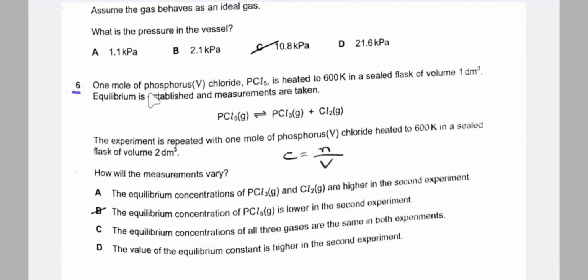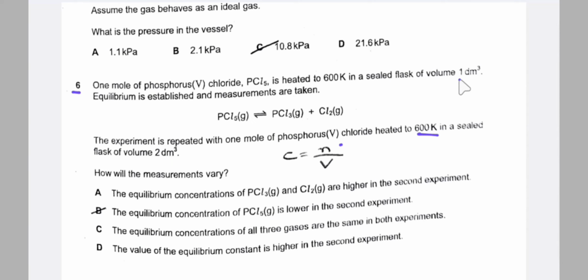In question number 6, 1 mole of phosphorus chloride PCl5 is heated to 600 Kelvin in a sealed flask of volume 1 dm cube. The equilibrium is established and the measurements are taken. The experiment is repeated with 1 mole of phosphorus chloride heated to 600 Kelvin in a sealed flask of volume 2 dm cube.